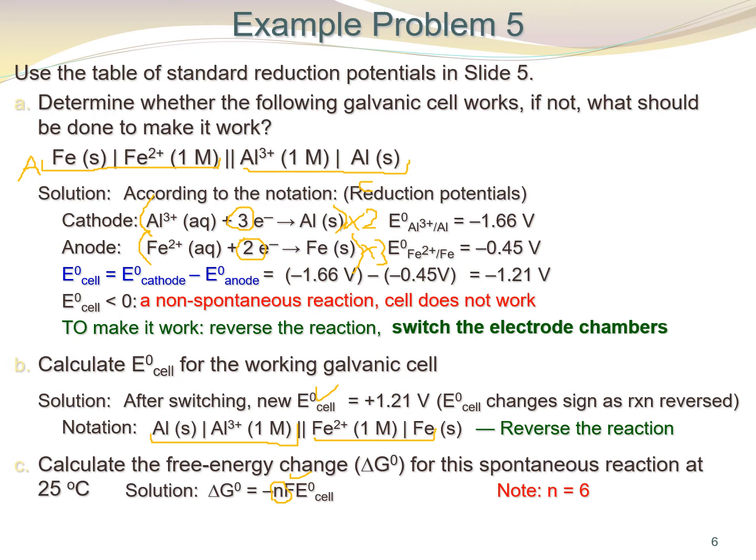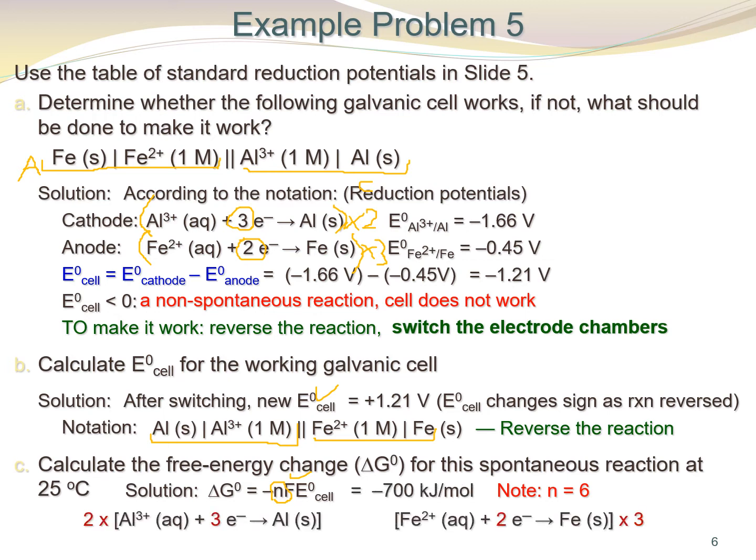So we realize there are 6 moles of electrons, so n equals 6. Plug n equals 6 into the equation. We figure out it's negative 700 kilojoules per mole. So here I just showed you how we make up 6 moles of electrons as the total number of moles of electrons in this reaction.